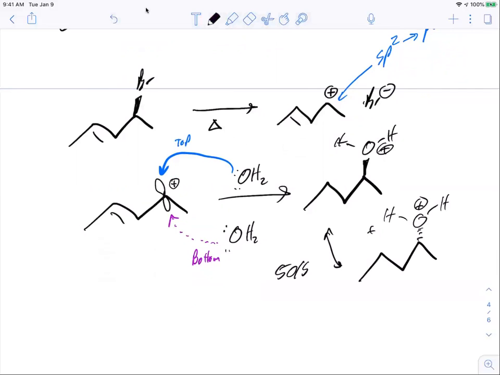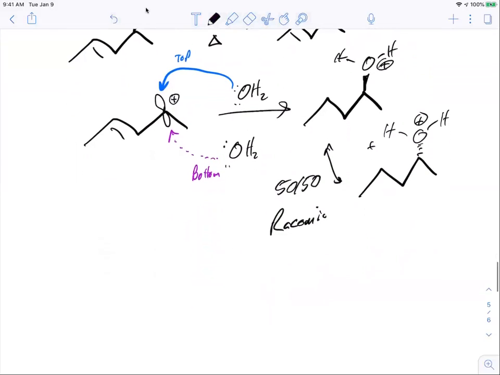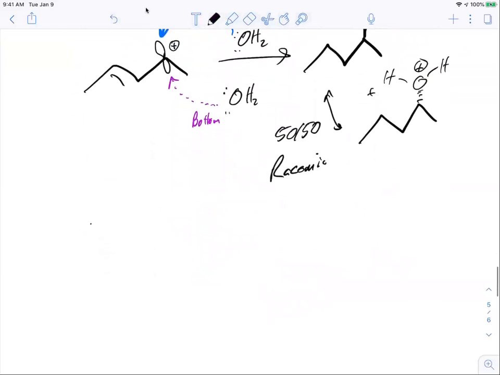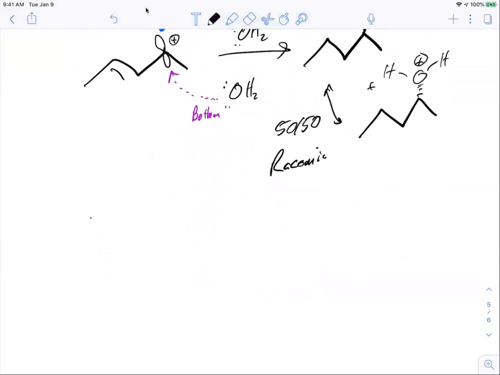So I'll have a 50-50 mixture of this. So this is known as racemic.